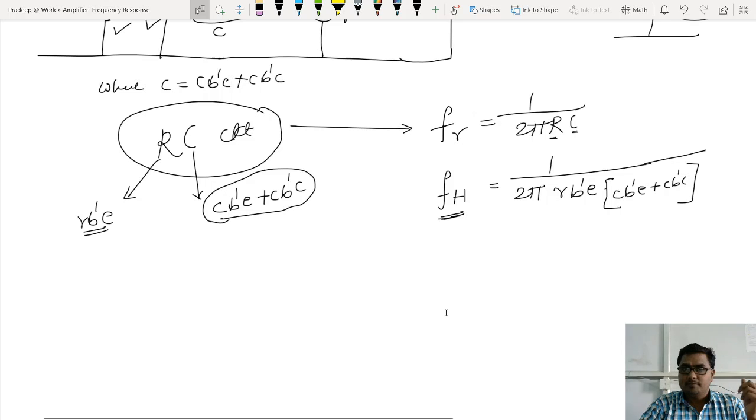If you don't replace RL with a short circuit, then obviously the amplifier cannot be converted into an RC circuit. So the first thing is we have to convert RL into a short circuit, and only then is it possible to convert the amplifier into an RC circuit.